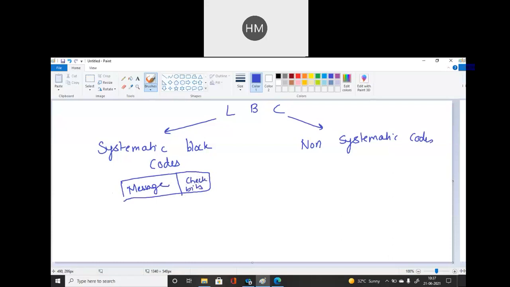The message bits appear at the beginning of the code word and then the check bits. Clear? And in non-systematic codes there is no such fixed system. They are mixed in blocks and it is not possible to identify message bits and check bits. It's mixed and match. So these are the classification.